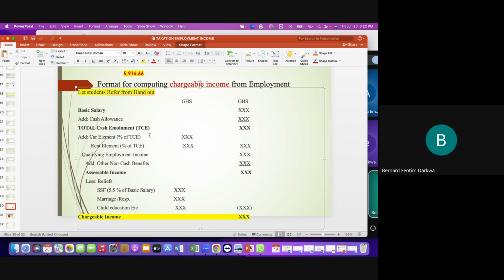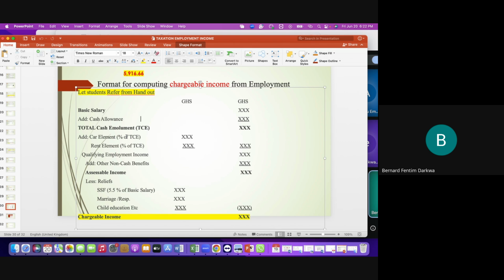So once you get your TCE, then you do the car and the accommodation rent element and add it to the TCE to get what we call qualifying employment income. Once you get qualifying employment income, then you add other non-cash benefits. Here, you can have the maid servants, garden boy, security man.